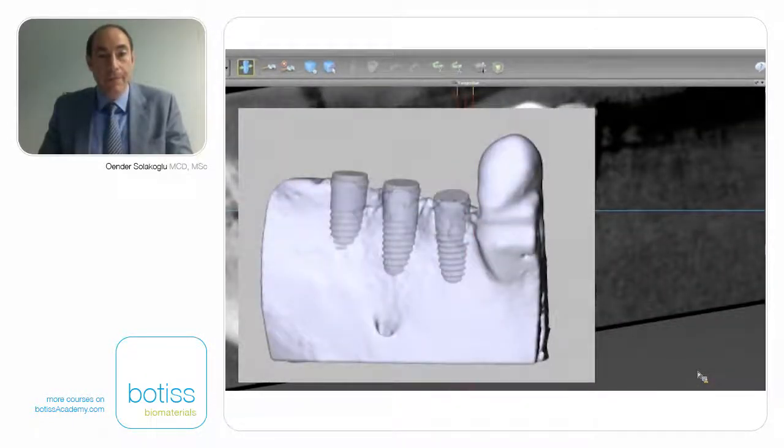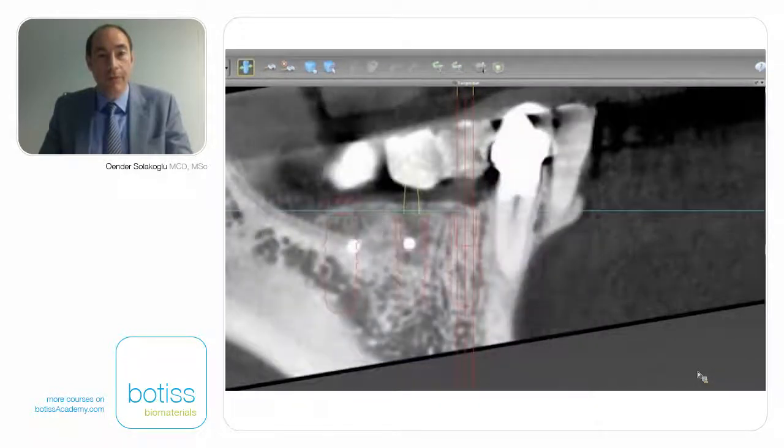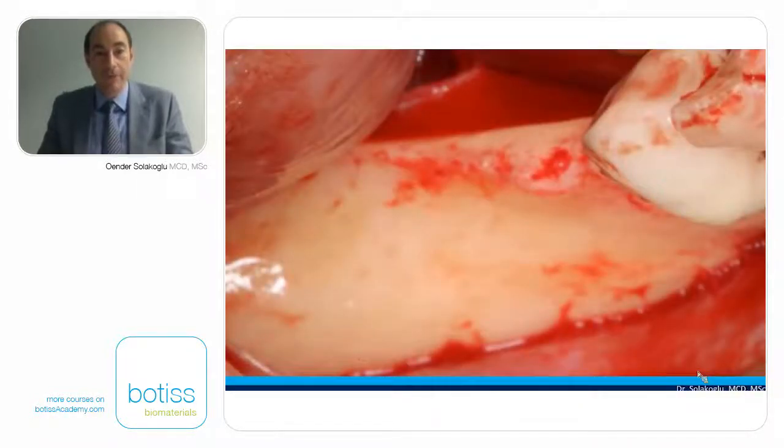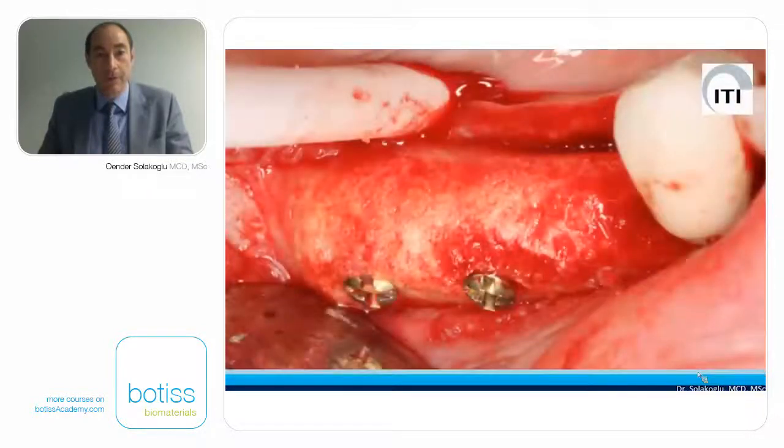So this situation beforehand, you can see the situation now, and this is the clinical situation. And you can appreciate living bone tissue. You can see it's very nicely supplied by blood vessels, and it's very stable, and it's almost impossible to distinguish between the original bone and the grafted bone. Again, to compare the initial view before the block graft technique.